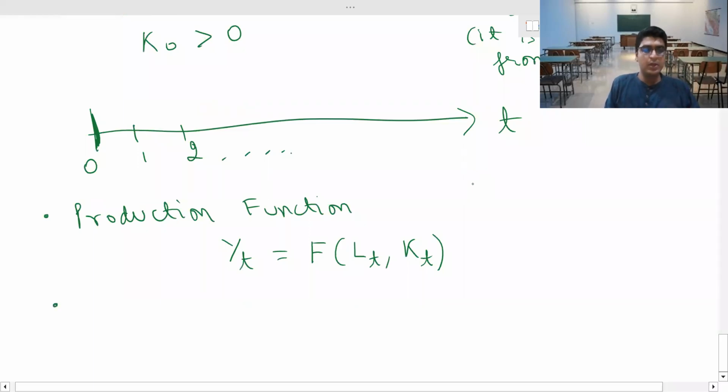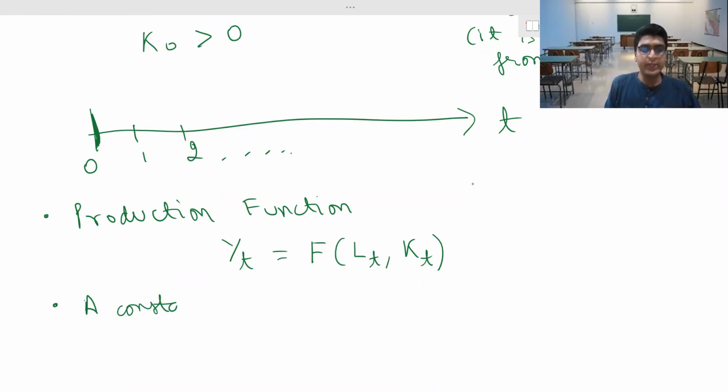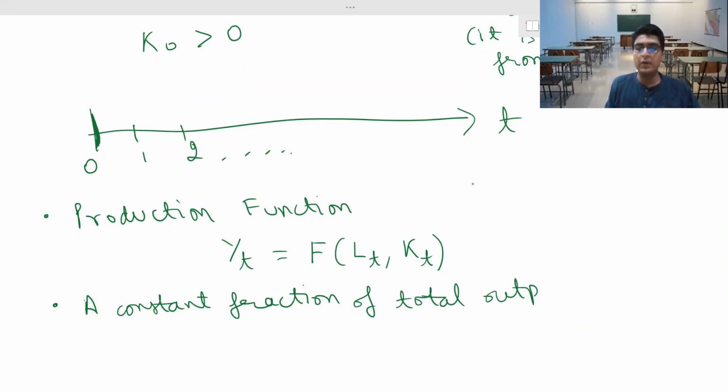So we have a production function, and apart from that, there is a constant fraction of total output which is saved. A constant fraction of total output is saved.